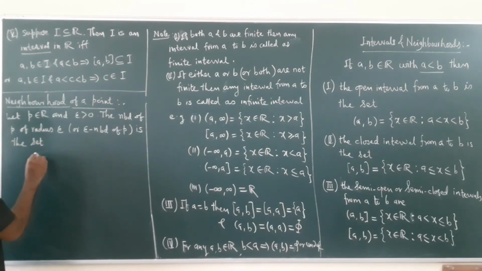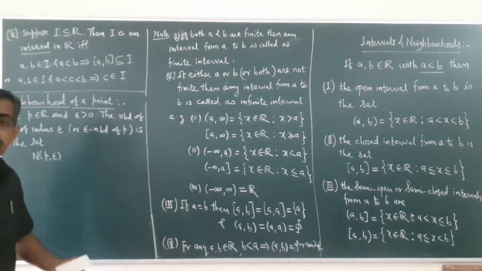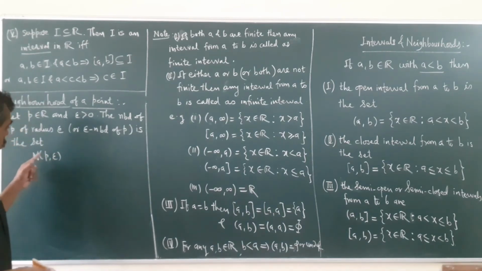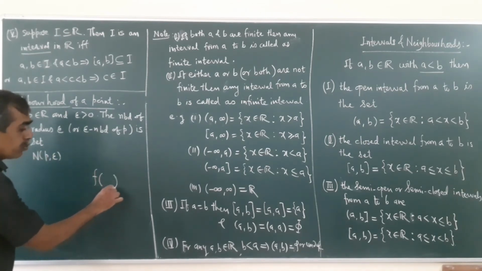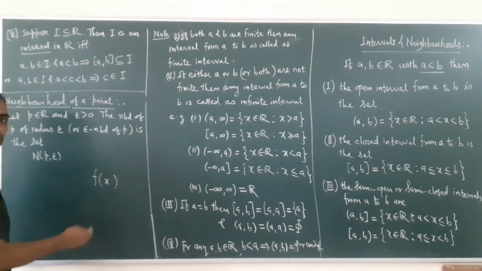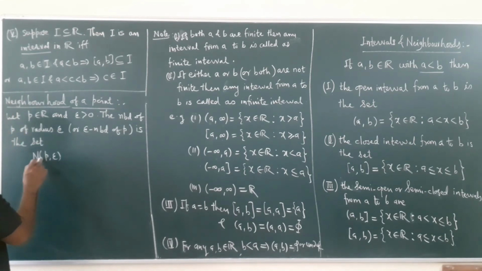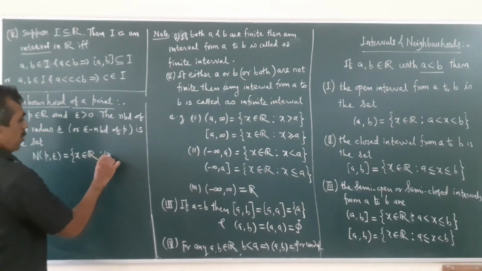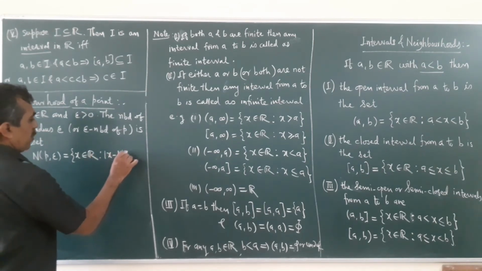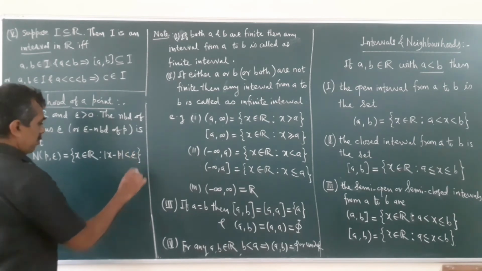How we denote it? N(P, epsilon). How do you read this? Neighborhood of, just like we write f of x, this bracket is usually for 'of'. So neighborhood of P of radius epsilon is the set of all real numbers x such that distance of x from P is less than epsilon.